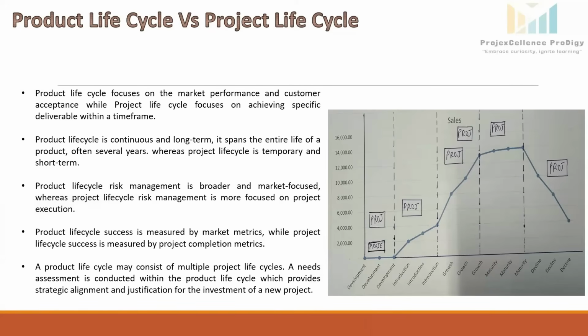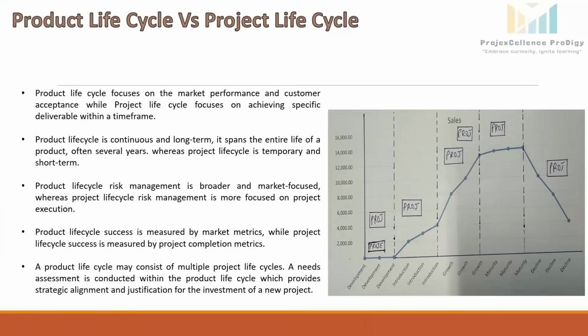Okay, before we wrap up this session, let's review what we have covered. We delved into the concept of the product life cycle and the project life cycle using an analogy with human life to enhance our understanding. We explored the PLC in detail, examining its 5 stages.